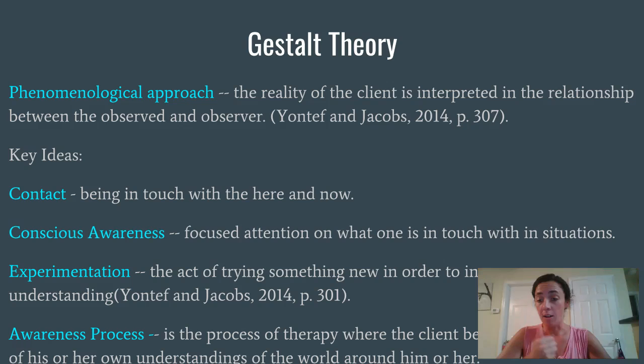The three are contact, conscious awareness, and experimentation. Contact is being in touch with the here and now, the present moment, with what the client is experiencing.